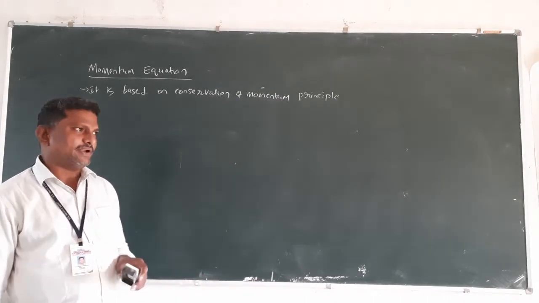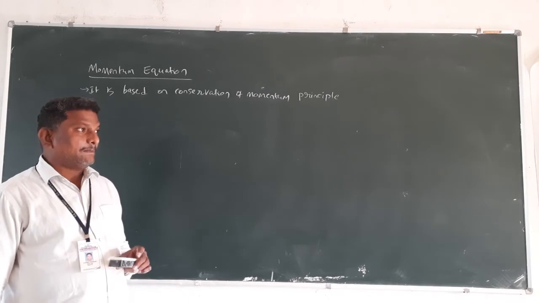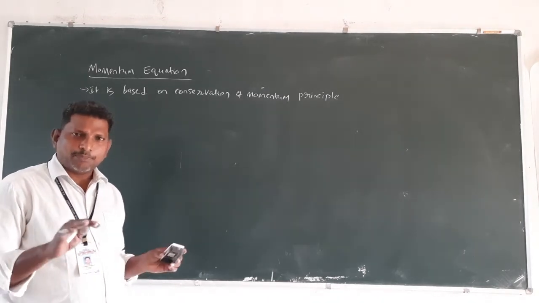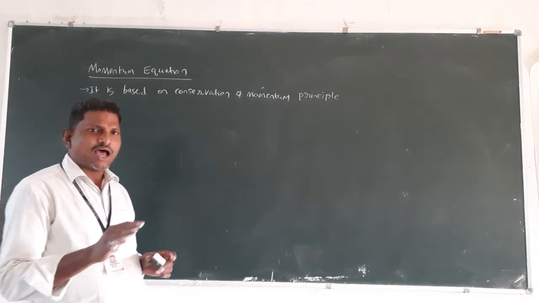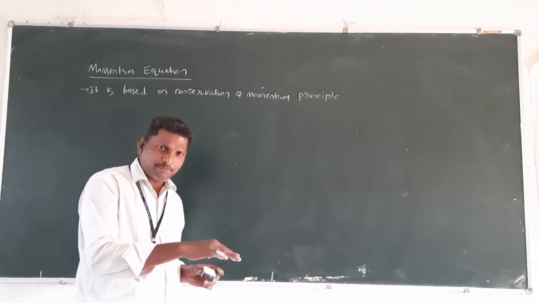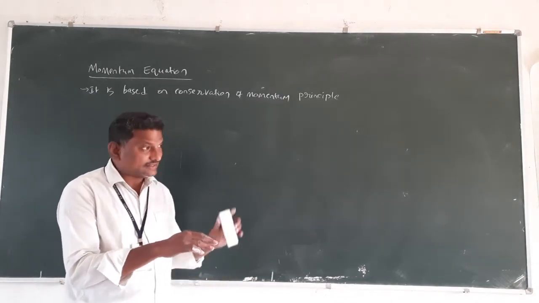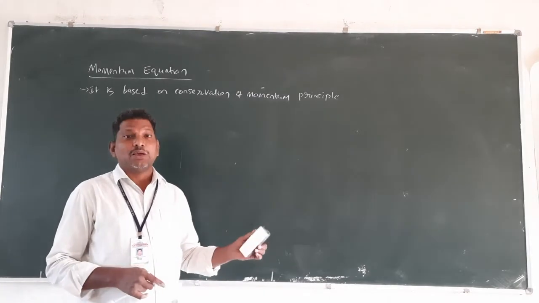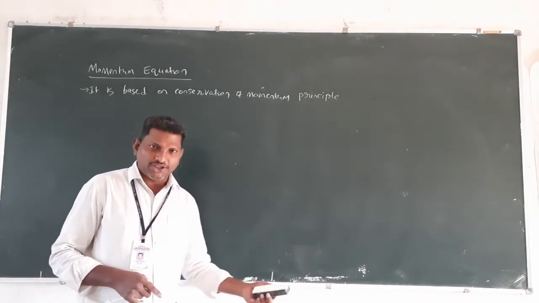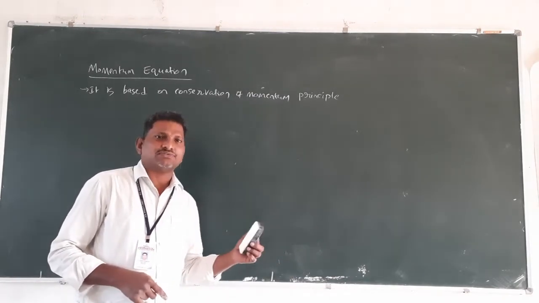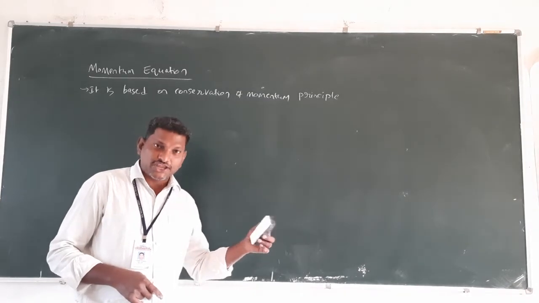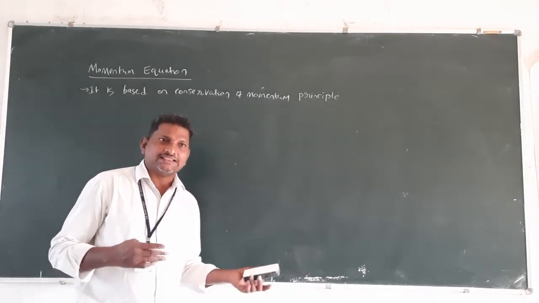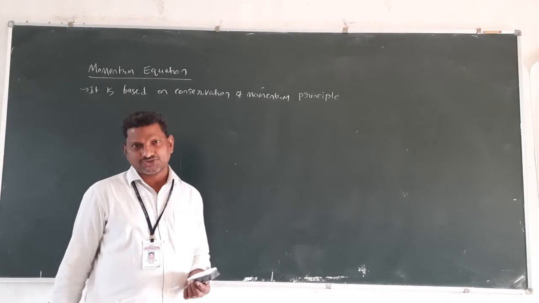Once again I am repeating. When we apply some force on a body of mass m, then there will be a change in momentum of the body and the change in momentum takes place in the direction of applied force.